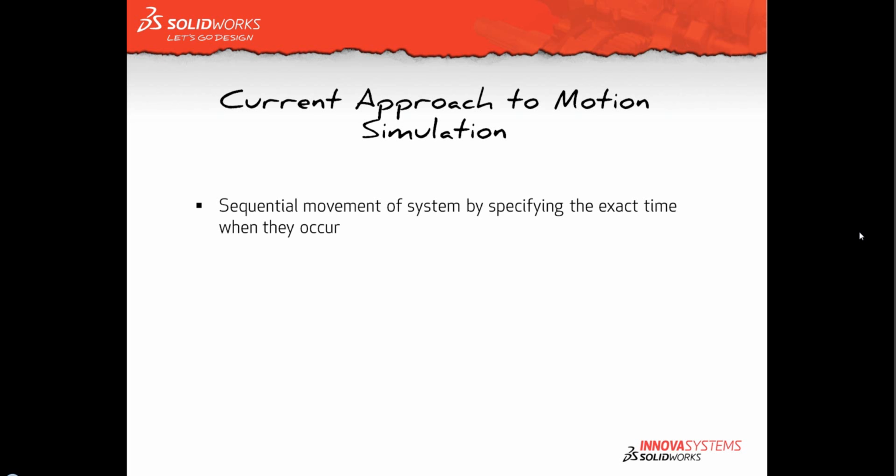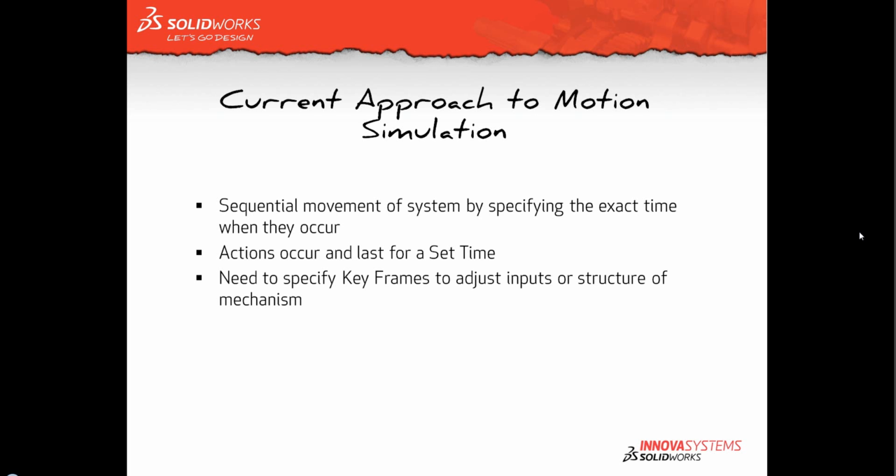Action B will occur at 25 seconds and last for so and so, and so on and so forth. And we obviously have to know how long each of the items is going to occur for, and we need to specify adjustments to inputs or the structures of mechanisms by using keyframes. So we'll add a keyframe to the timeline and then make an adjustment just there.